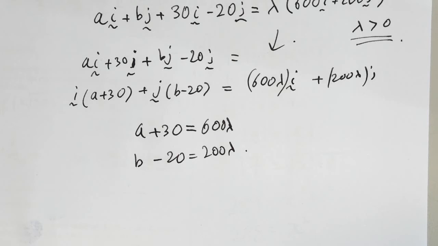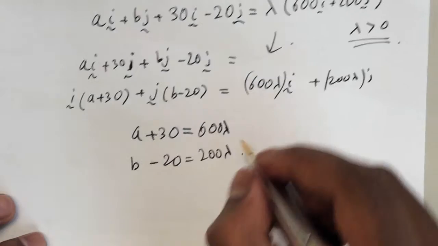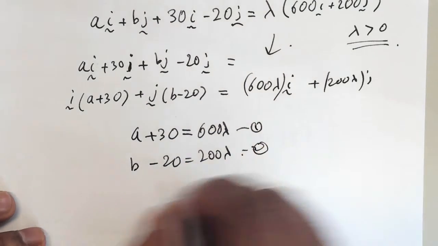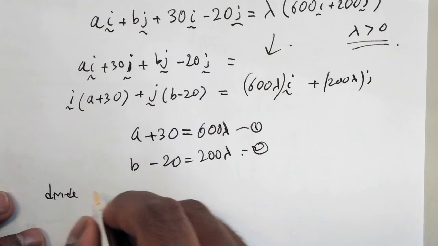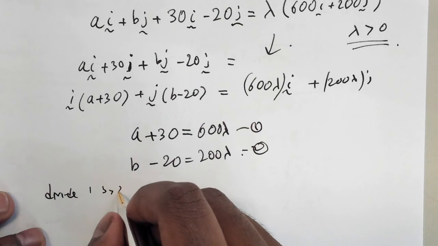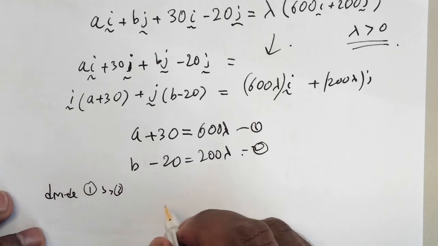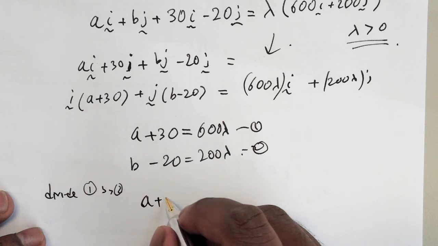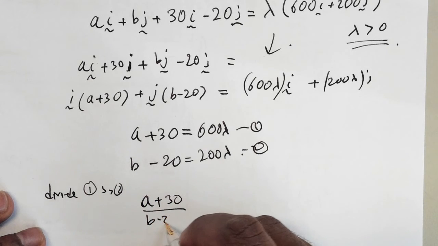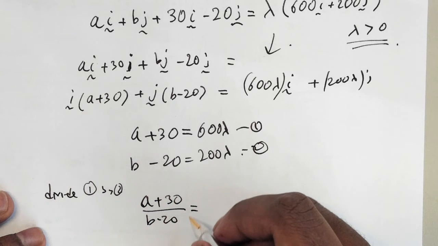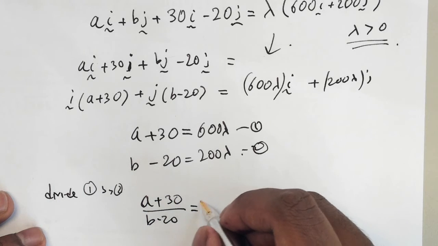How do we get rid of lambda? Can you see a very quick way? We can divide them. We'll call this 1, we'll call this 2, divide 1 by 2. A plus 30 over B take 20 equals 300.